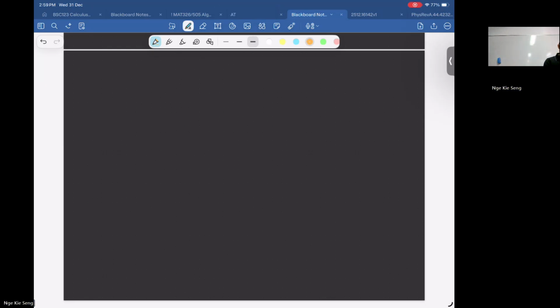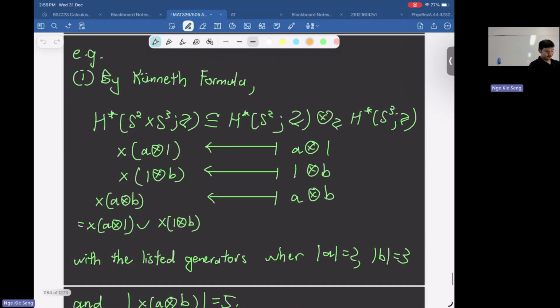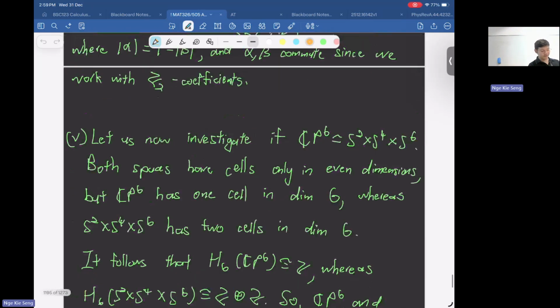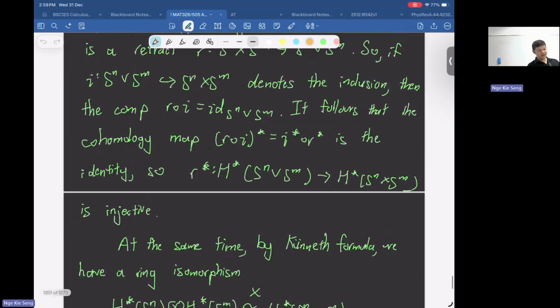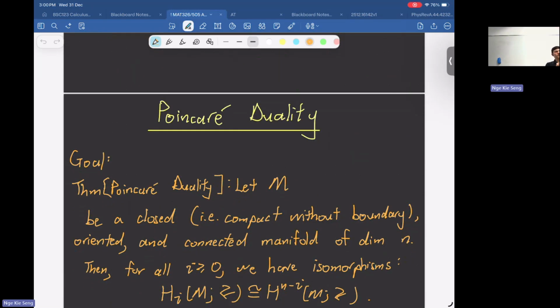Okay, this is the most important thing, but we won't test on it. The most important thing, which is the Poincare duality. Duality theorem in mathematics is very strong actually. All the duality you can see, whatever dual you see. But this one is a Poincare duality here.